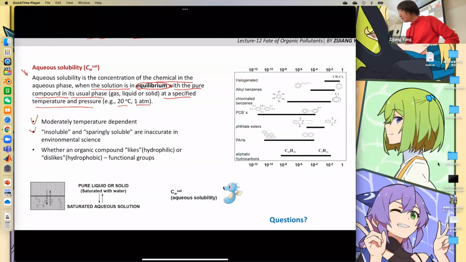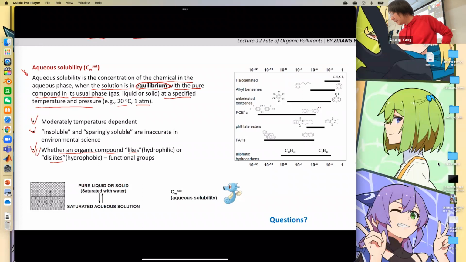In environmental engineering or science, we would say that terms like insoluble or sparingly soluble are inaccurate, because everything will have an aqueous solubility, but its solubility may be very small. Also, the aqueous solubility is determined by whether an organic compound likes water or dislikes water, that is, whether it is hydrophobic or hydrophilic.